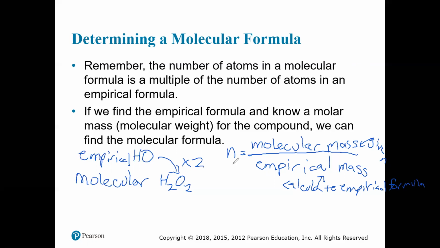So N, or your multiplier value, is equal to the molar mass of the molecular formula divided by the molar mass of the empirical formula. Or like, how many times bigger is this thing from this? This thing is twice as heavy as this, hence why you give it a value of 2.